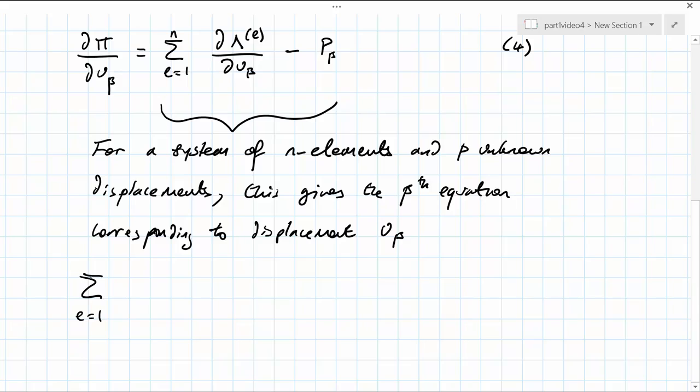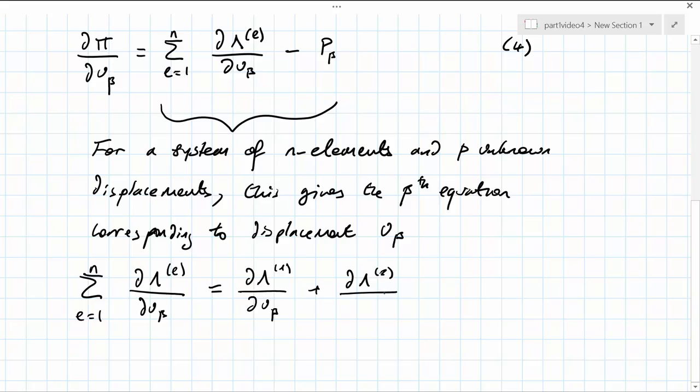Summation of E from 1 to n, the derivative of the strain energy with respect to the beta displacement, that's equal then to d lambda 1 with respect to u beta plus d lambda 2 with respect to u beta, all the way to the final value of lambda, which is lambda n, again with respect to u beta.